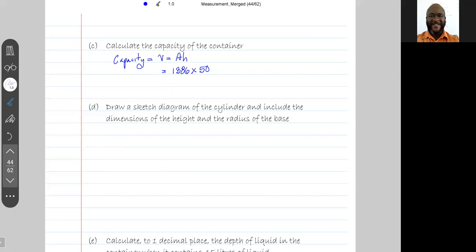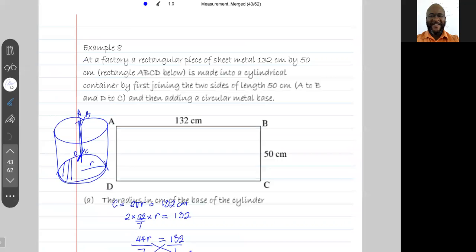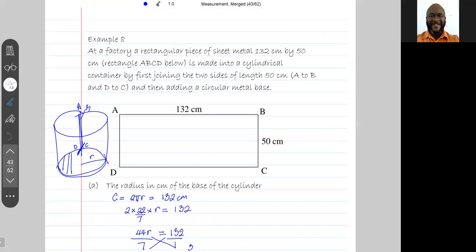Let me show you why 50. Notice, you form the cylinder by joining A to B and D to C. BC, which is AD, is 50. So the height of the cylinder is the same thing. It's also 50.